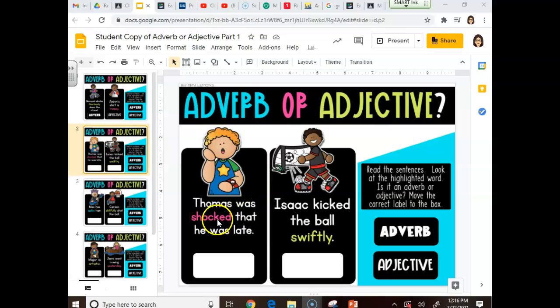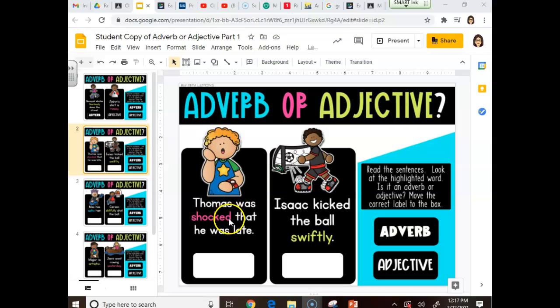So Thomas was shocked that he was late. All right, shocked. Do we see an action around it? No. What does shocked describe? Yeah, it describes Thomas. Okay, so think about what word that would be.